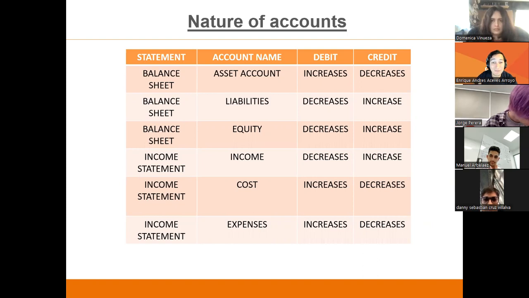Guys, whenever you see a negative in your accounting system, that means that you owe something. Okay? Does that mean that I owe the income of the company? Yes, you owe that. To whom?